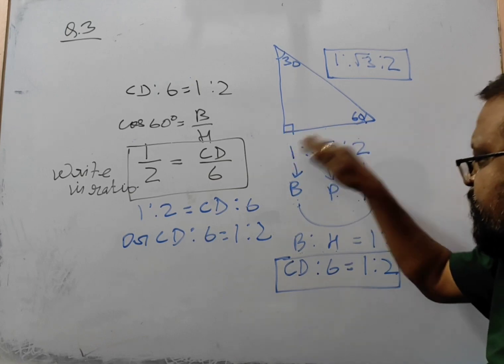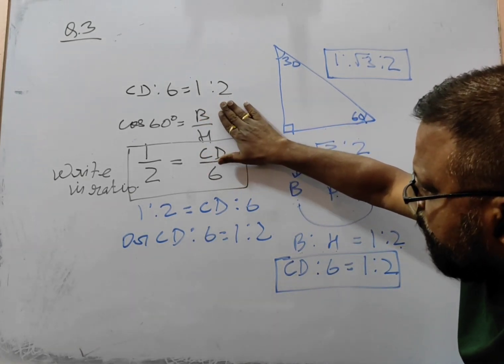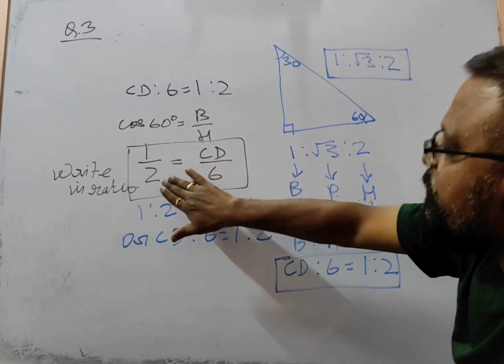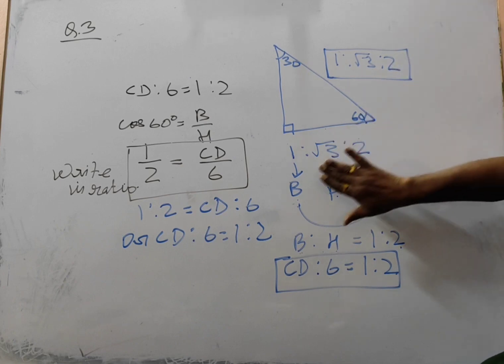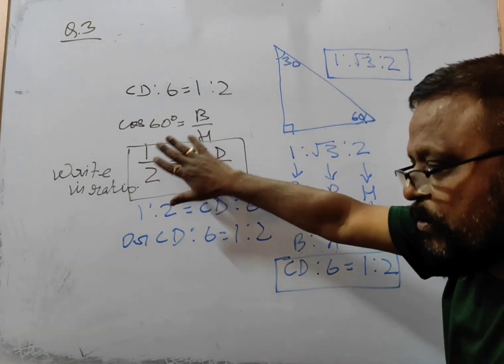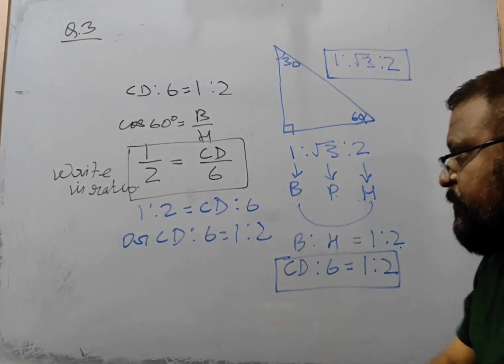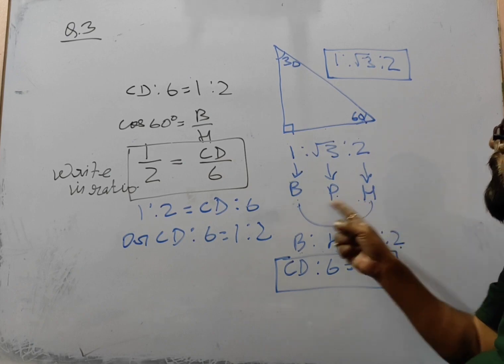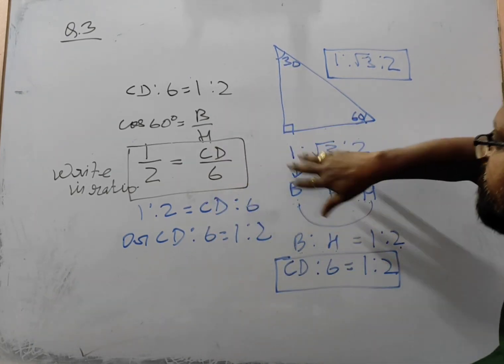It is given like standard values. It is 1/2. I told you how you get 1/2, but in your syllabus it is already given. They are not talking about cos 60 and all this. But in your book it is written that if triangles are like this, then their sides are like this.